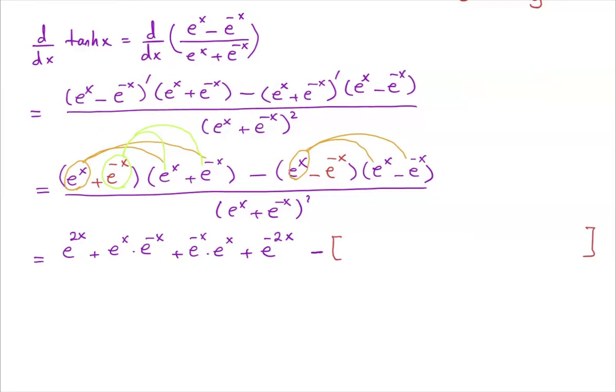So here you have e to 2x minus e to the x times e to the power minus x, then distribute e to the power minus x with a negative sign in front of it into the parentheses. So this becomes minus e to the power minus x times e to the power x, plus e to the power minus x times e to the power minus x, or e to the power minus 2x.